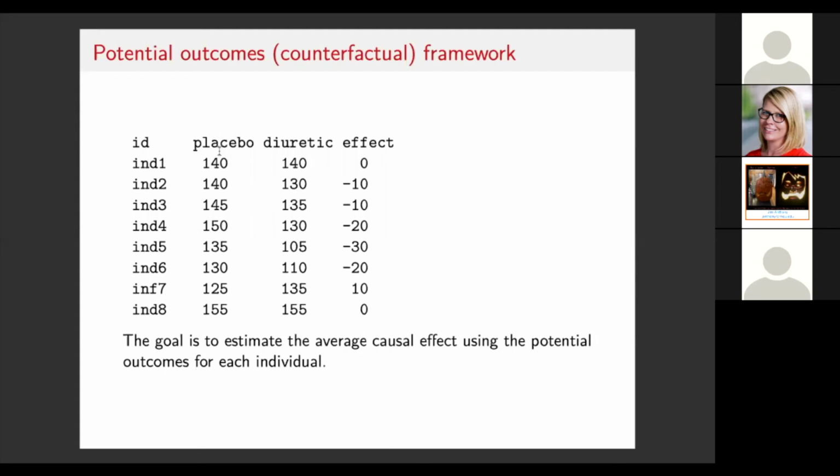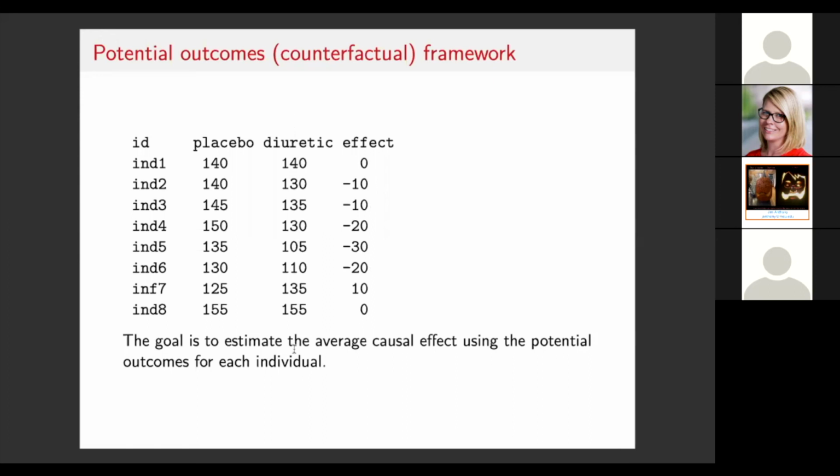If you do that, then you are basically taking a random sample from this column, and by construction, since you're giving the diuretic to the others, you're also taking a random sample from this column.